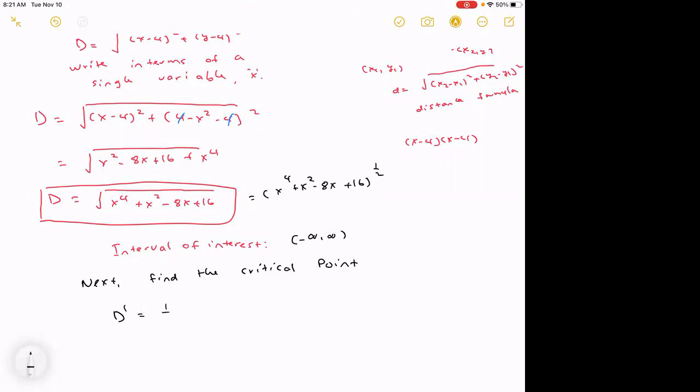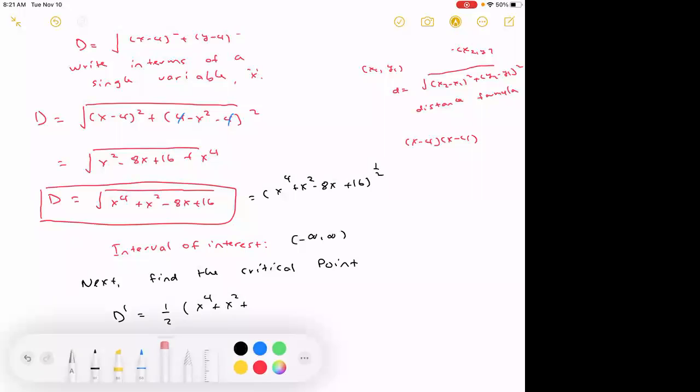You bring 1 half up to the front, x to the power 4 plus x squared minus, not plus, minus 8x plus 16 to the power what? What do you get in the power? You know the chain rule, right? You have done that a lot.